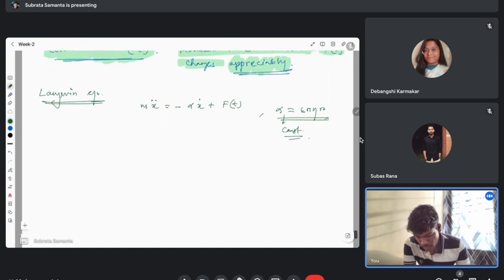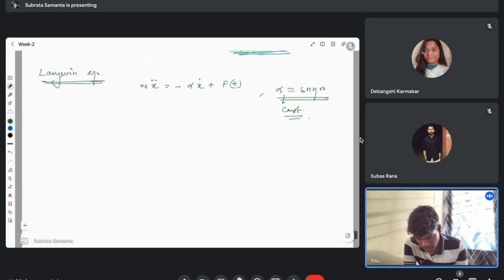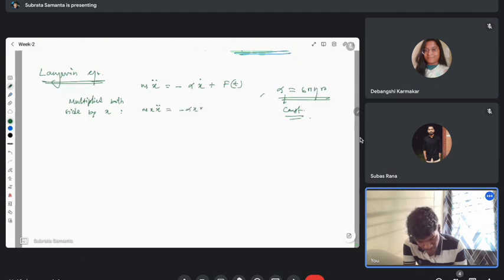Now we solve this equation. How to solve it? We multiply both sides by x, and we get m x x double dot equals minus alpha x x dot plus x f(t).